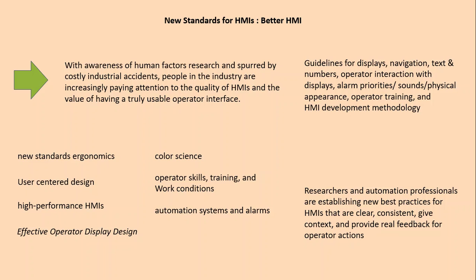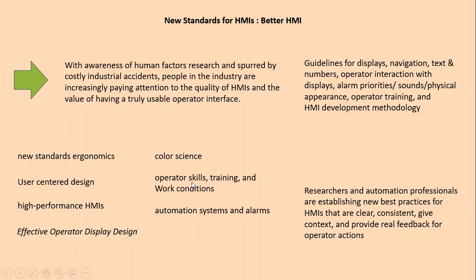So when we design, some of the important factors that affect the overall effectiveness of an HMI are the standard ergonomic design of the HMI, user-centered design, high performance HMI, and operator display design, color, the correct color usage.